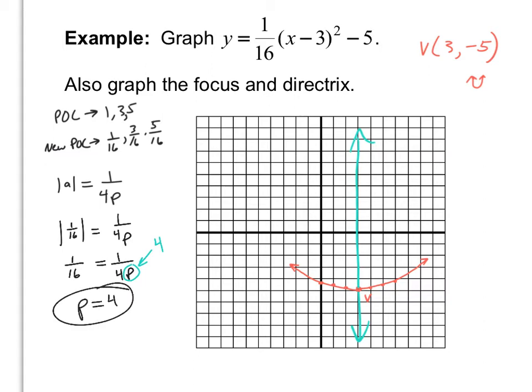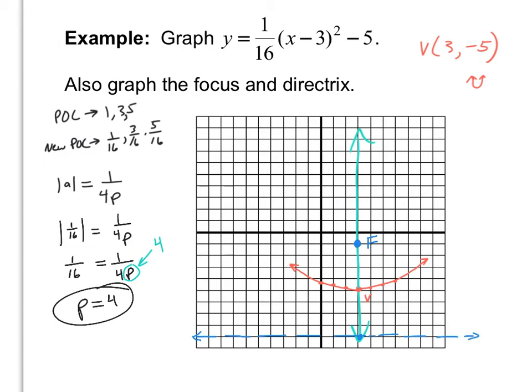Okay, that means from my vertex, I'm going to go up 4 units, and I'm going to go down 4 units. Inside the parabola will be my focus. Outside the parabola will be my directrix. So this is a line, not just a point.